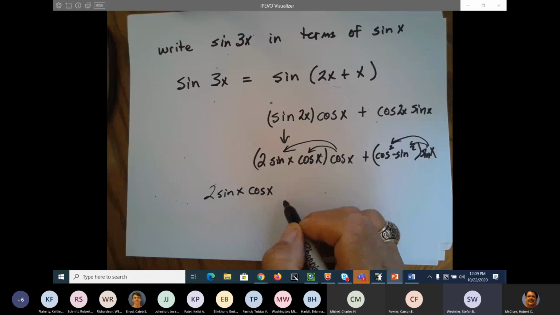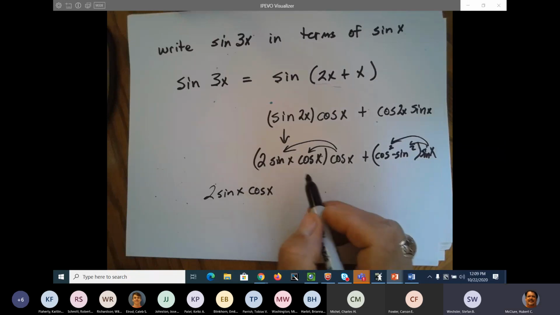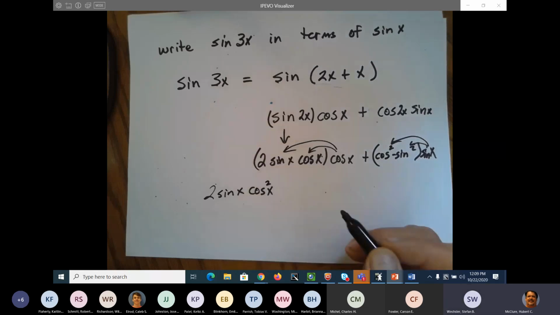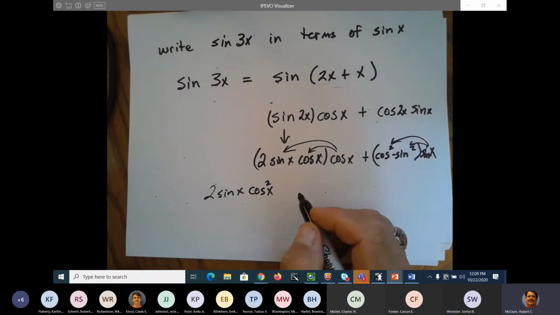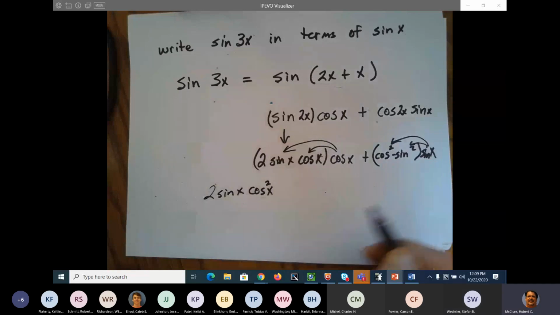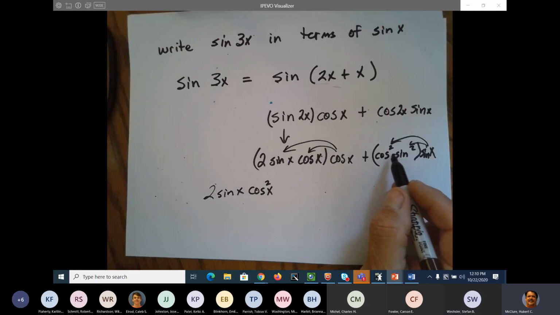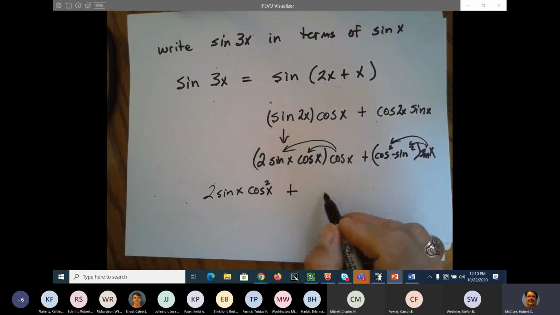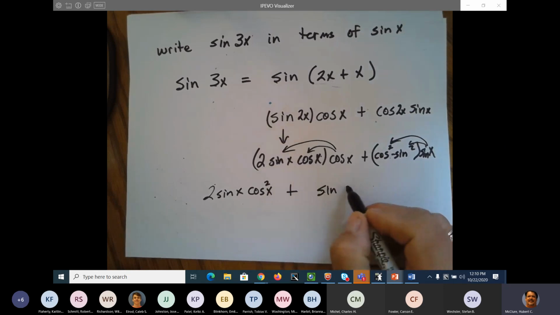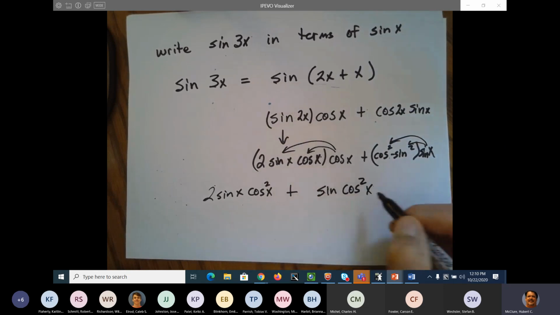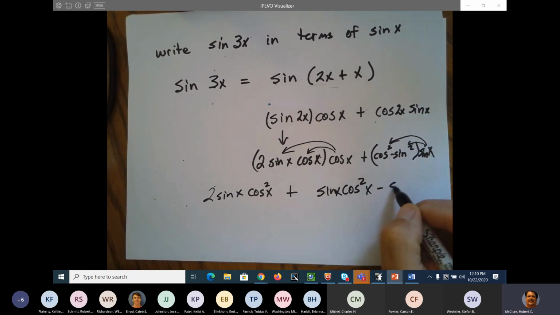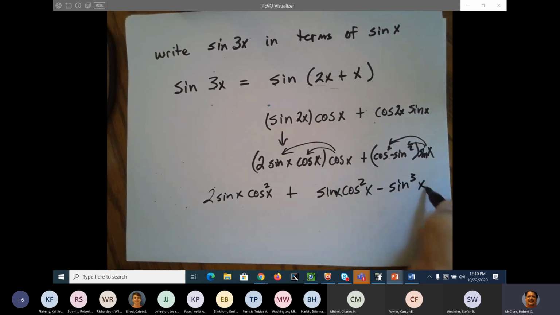Wouldn't it be just 2 sine x cosine squared x, because that's all one value? Yeah, right, 2 sine x cosine squared x. Thank you, I was trying to add them. You're fine. This one has a negative, that's what I was looking for. Plus, this would be sine x cosine squared x minus sine cubed x.